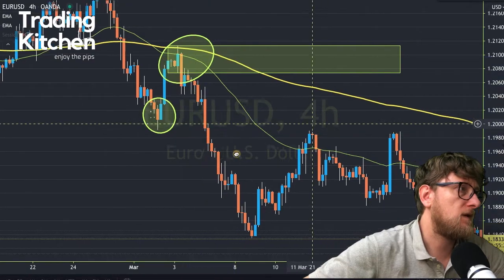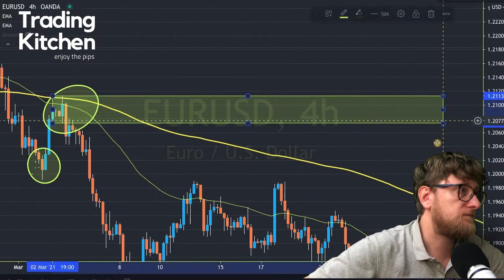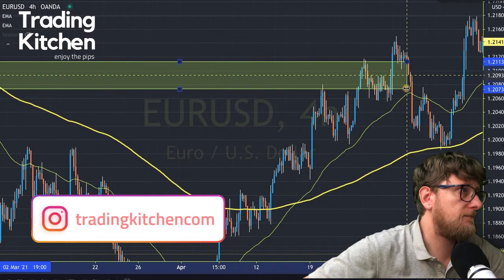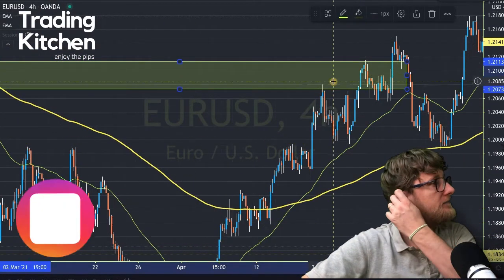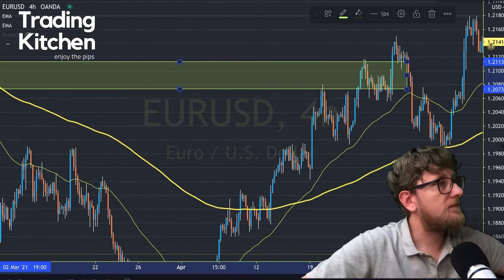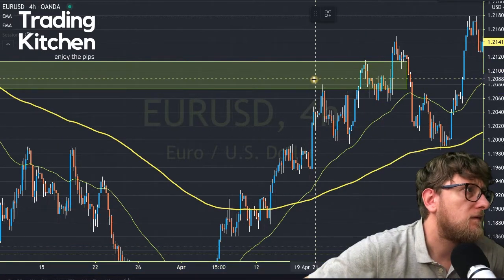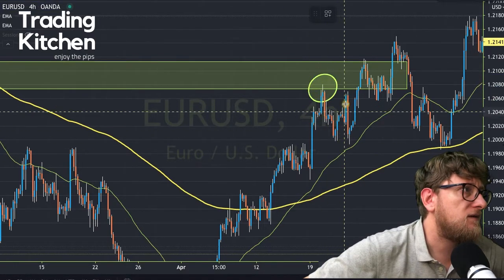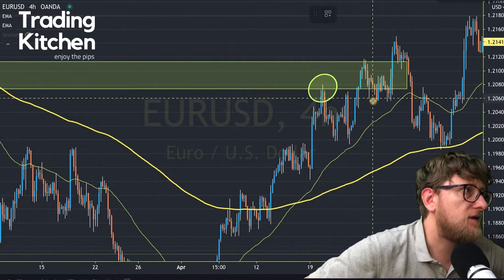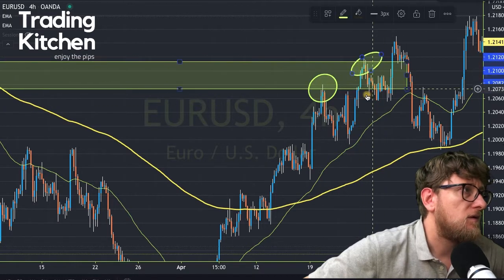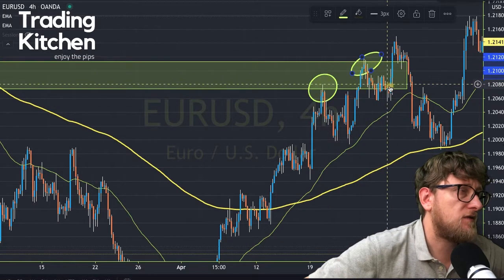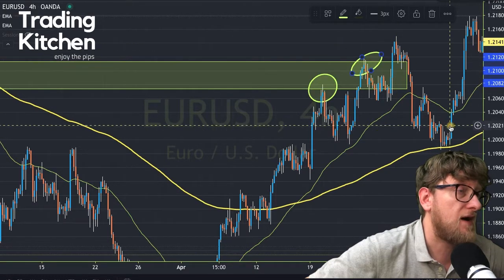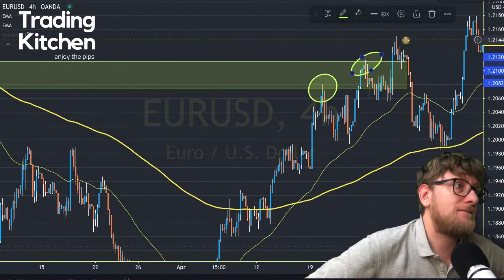Let me see, yes, okay, as you can see, price reacted here, took the liquidity, reacted here, broke this dominance, broke the structure, but there's a kind of fake breakout here.